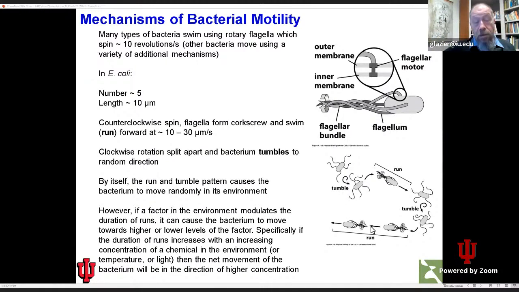It'd move randomly like a molecule in water or gas. However, if runs that are increasing the value that I care about are longer than ones decreasing, the net effect is to move up the gradient. And so even though I'm zigzagging and sometimes moving in the wrong direction, the net effect is to move up the gradient. And that's a very powerful way of exploring space.